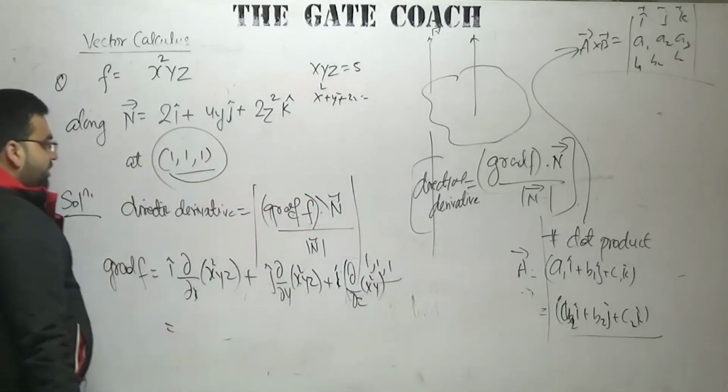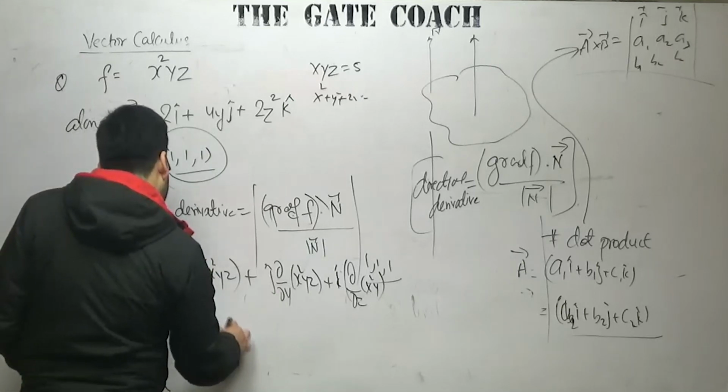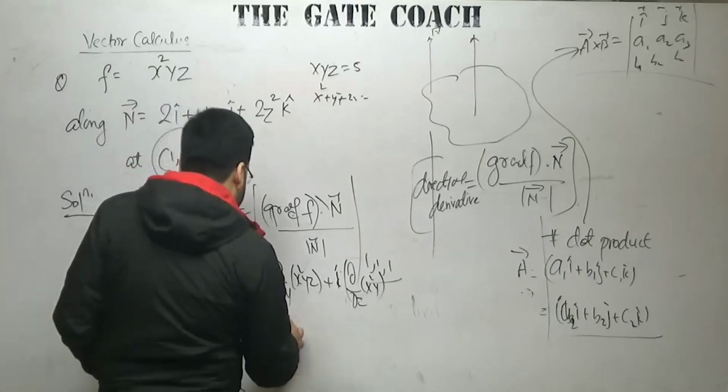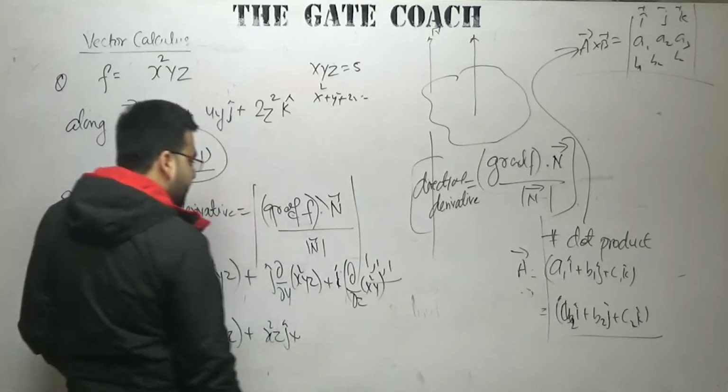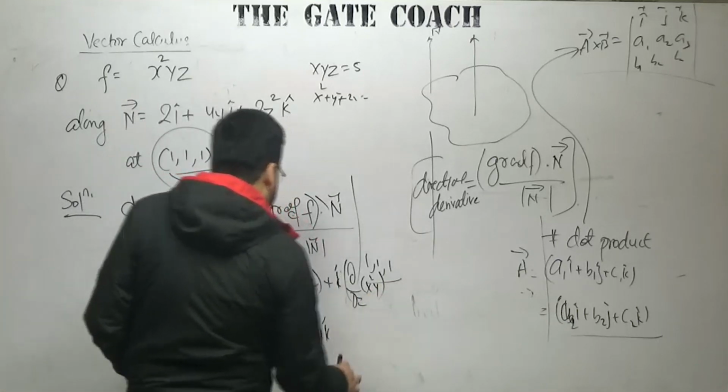So what will it be equal to? Let me do the derivative. It will be i cap 2xyz plus x square z j cap plus x square y k cap.